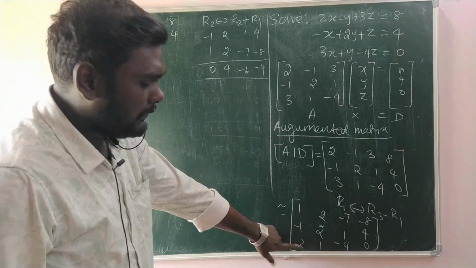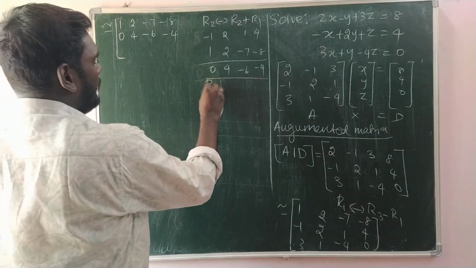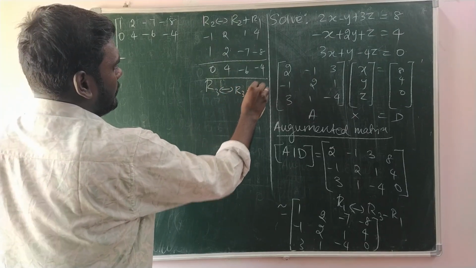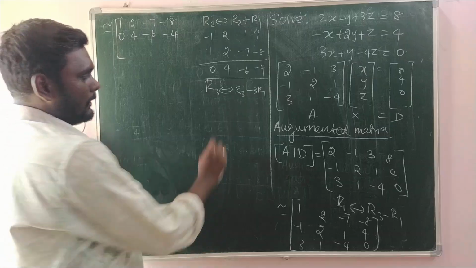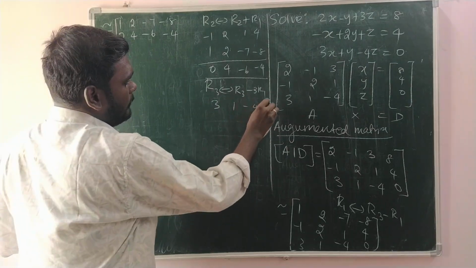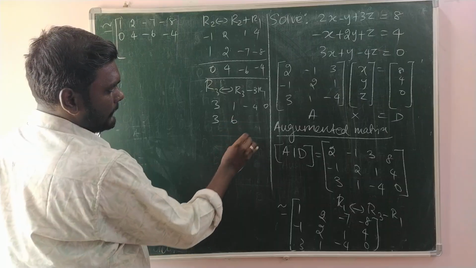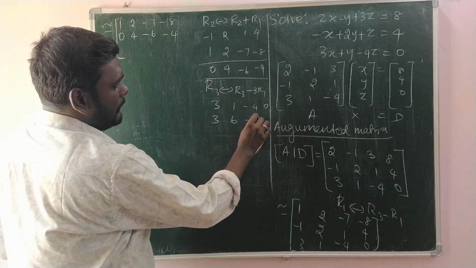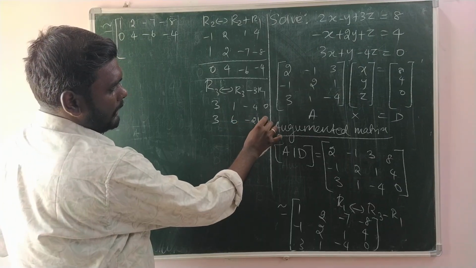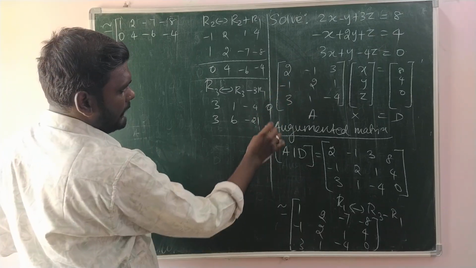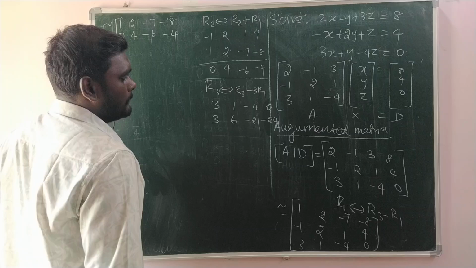R3 also will do the same. R3 will write the result by doing R3 minus 3R1. R3 is 3, 1, minus 4, 0. 3 times R1, that is 3, 6, 3 7s are 21, minus 21, and 3 8s are 24, minus 24.